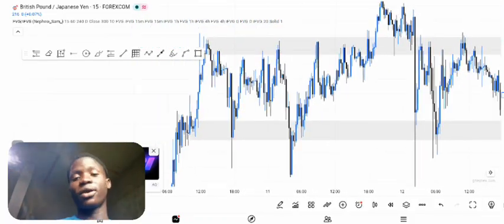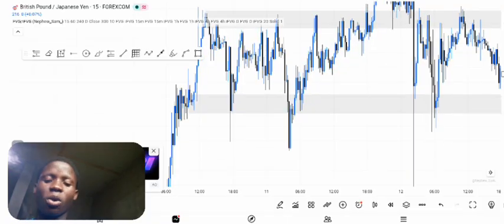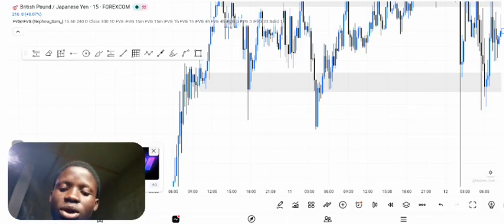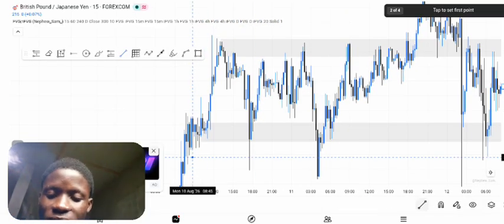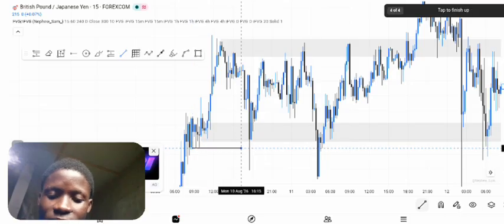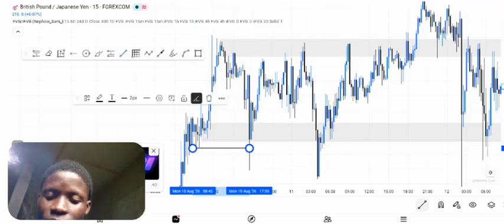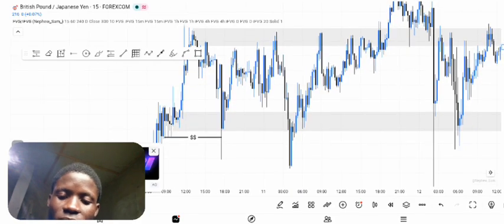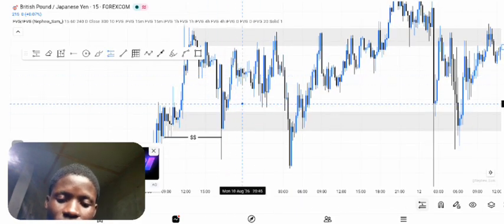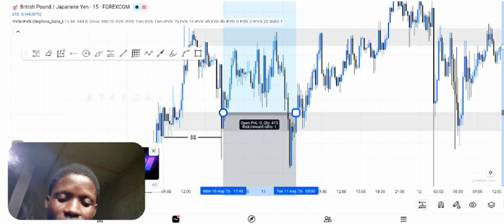If you are trading, when price comes to this zone, you can see we have this liquidity sweep here, and sometimes you can see some candlestick confirmation here.